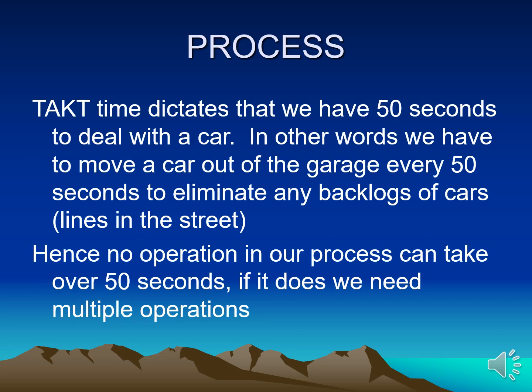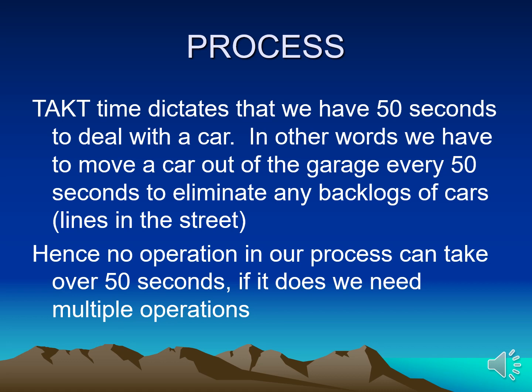Takt time dictates that we have 50 seconds to deal with a car. In other words, we have to move a car out of the garage every 50 seconds to eliminate any backlogs of cars, meaning lines in the street. Hence, no operation in our process can take over 50 seconds. If it does, we need multiple operations.